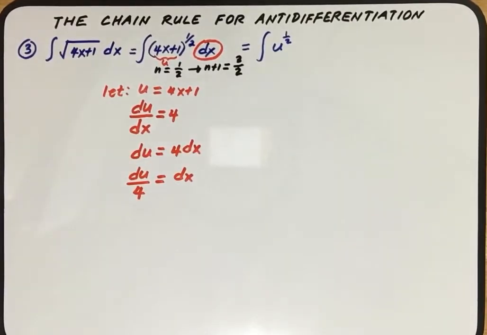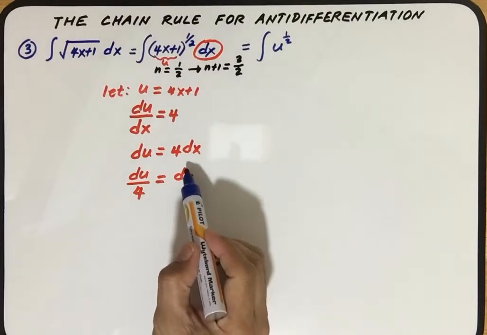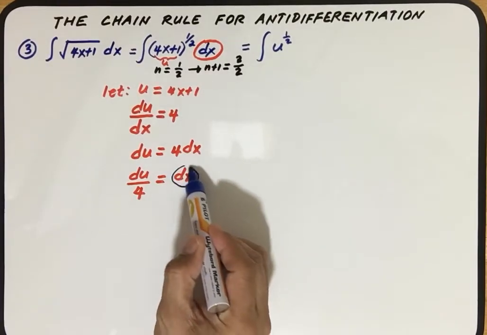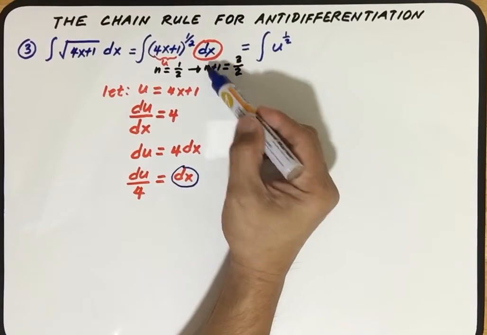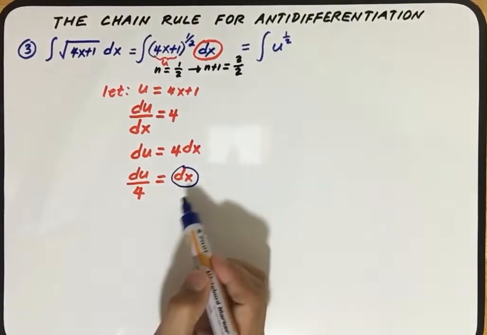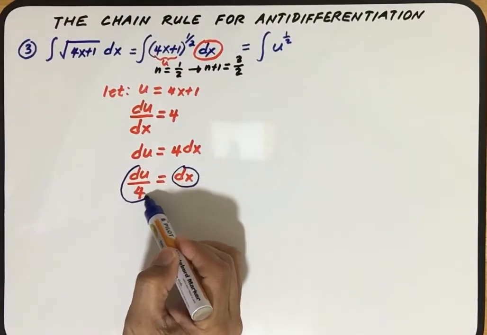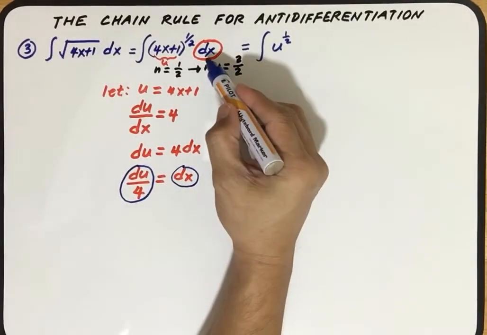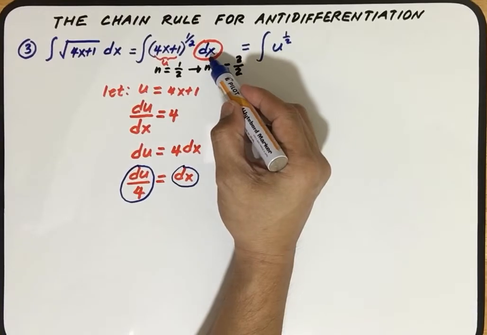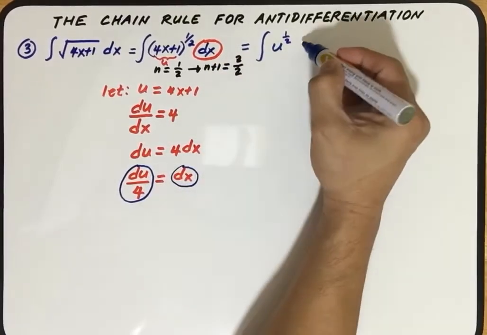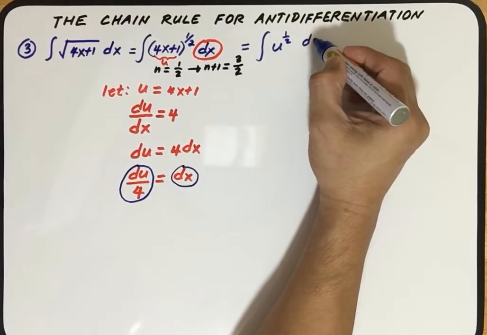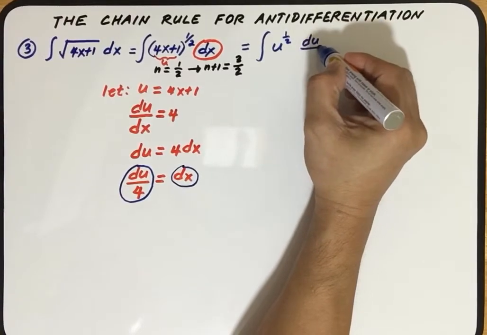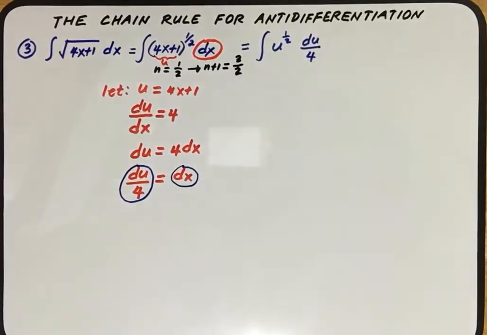Since we are looking for dx in terms of du, and now we have solved it, dx is equal to du over 4. So substituting it here, instead of writing dx, we write its equivalent, which is du over 4.